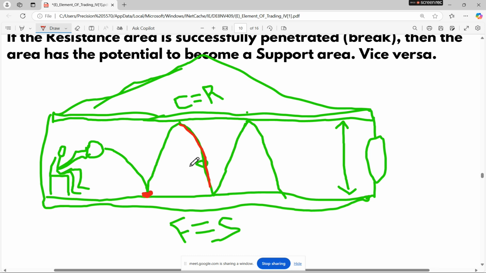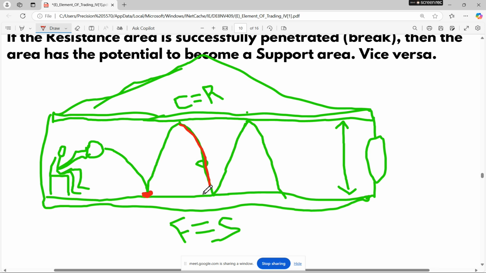You just identify that area, and it becomes an area of attention, meaning that in future, when the market comes down, it will likely bounce off from that area because it happened before.